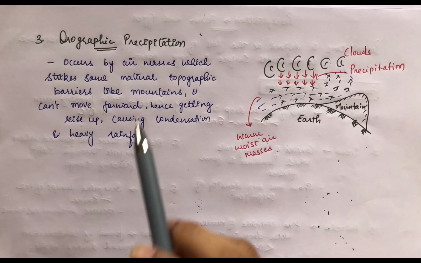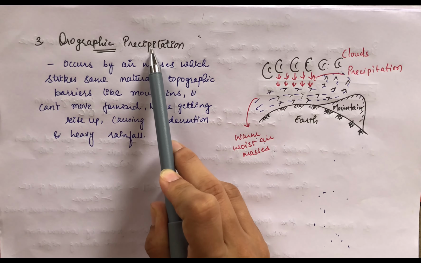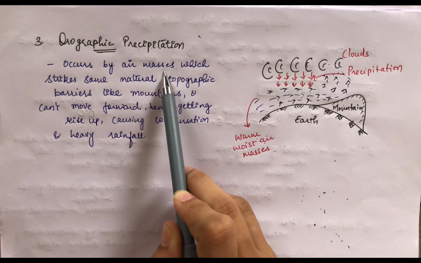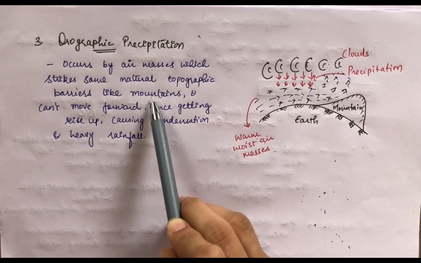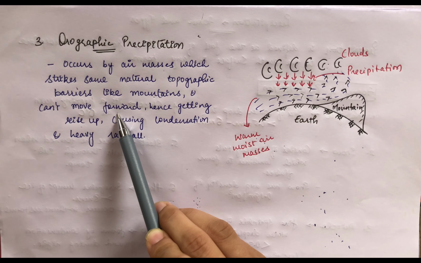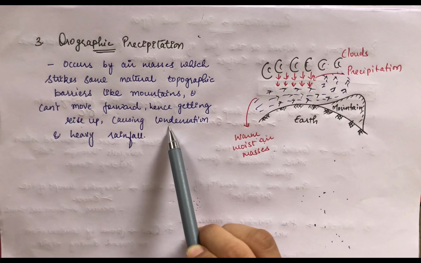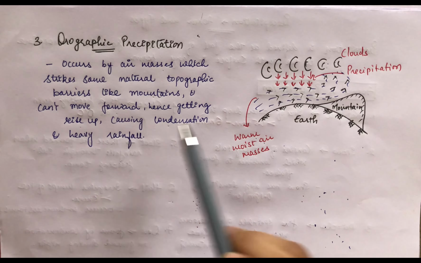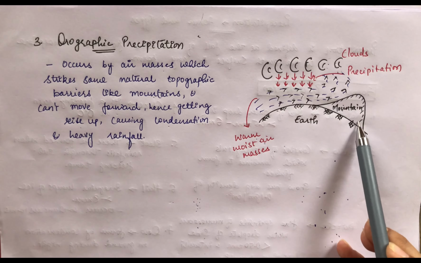And the third type of precipitation is orographic precipitation, and this kind of precipitation occurs when the air masses which are striking some natural topographic barriers like mountains can't move forward, as a result of which they move to a higher altitude, causing condensation and heavy rainfall. Again, if you can see, this is the cross section of earth. Here a mountain is drawn.